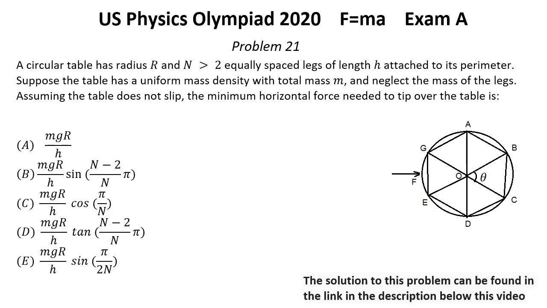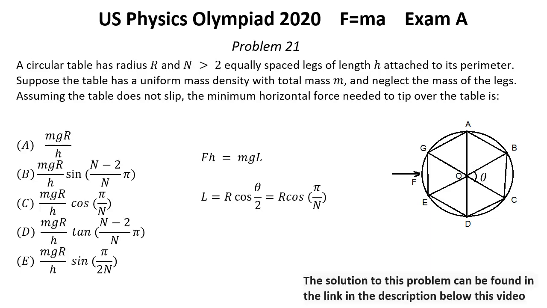Balancing torques on the table about the axis BC, we have F h equals m g l, where l equals r cosine theta over 2, or r cosine pi over n, is the distance from the center of the table to the midpoint of BC.